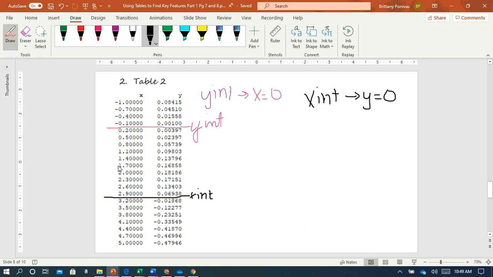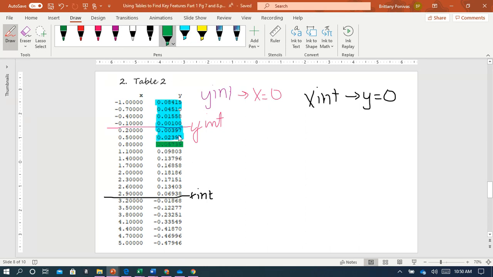Taking a look at the increasing, decreasing intervals. So from 0.08 to 0.04, it's going down, going down, going down, and then it switches, and from 0.02 to 0.05, this increases. So this first section that I'm going to highlight in blue is going to be decreasing.